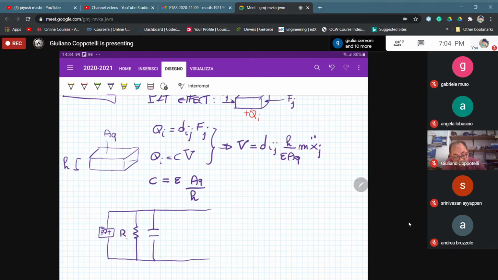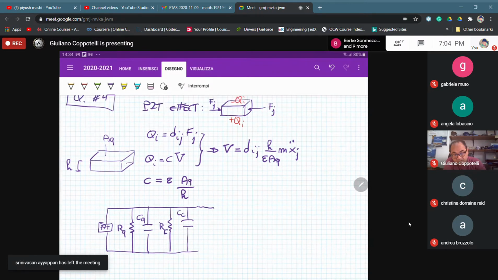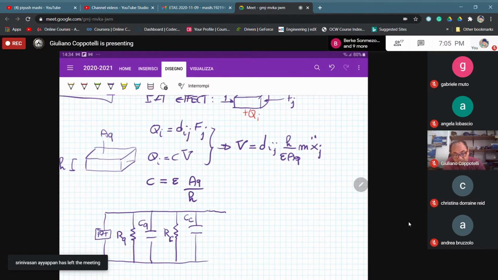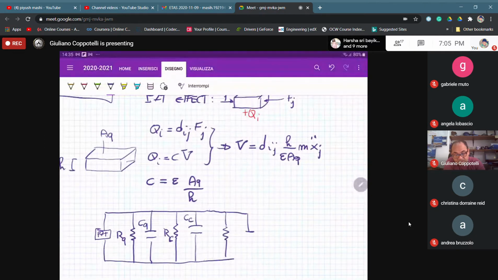So we have RQ and CQ that are the capacity and the resistance of the piezoelectric component. Then we have to consider the resistance and the capacity on the connected cable. And finally, what we got is the amplifier stage with its own resistance and capacitor, M, measuring device, and Cn.